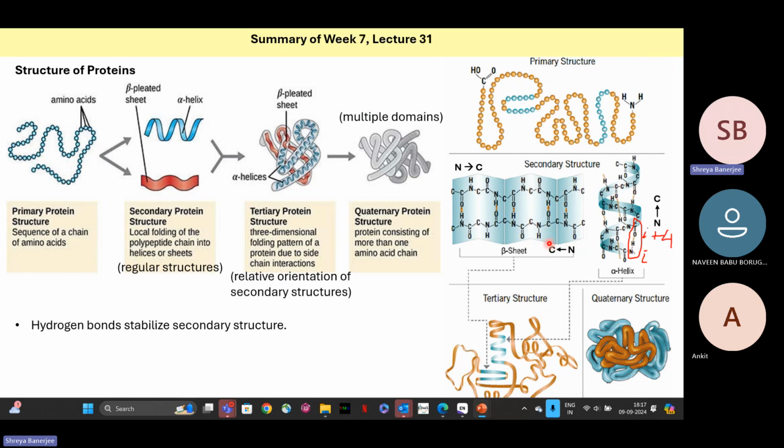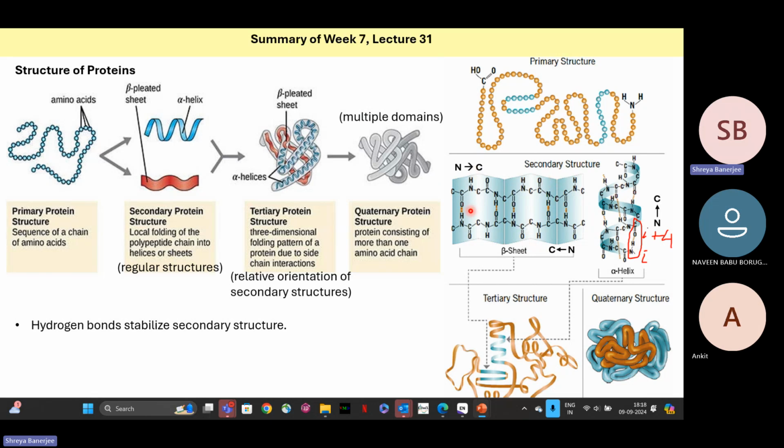In the case of the lower chain, again ignoring the first hydrogen bond, it is CO, NC, CO, NC. So it starts from the C terminal, the carboxyl terminal, and goes to the N terminal. So the directions of the two chains are opposite, and so they are said to be anti-parallel beta sheets.